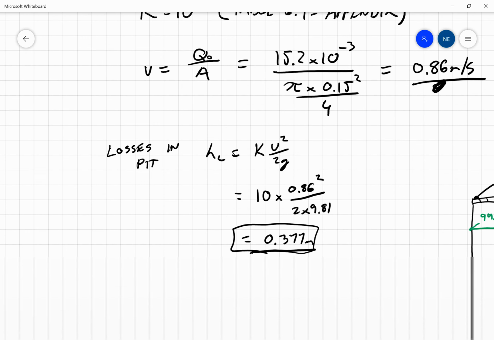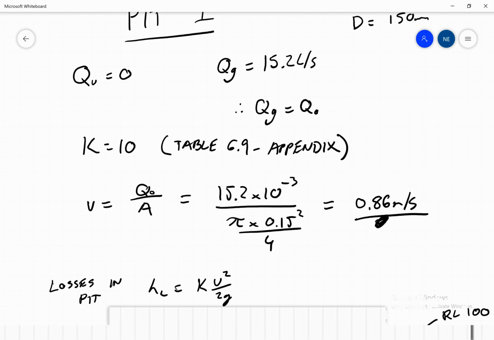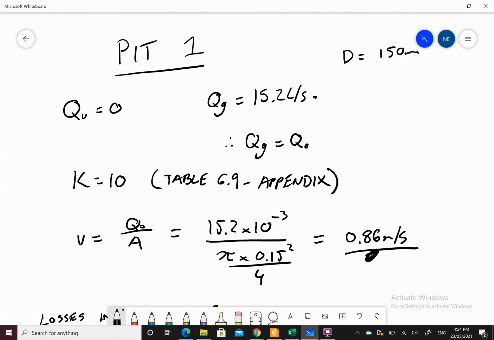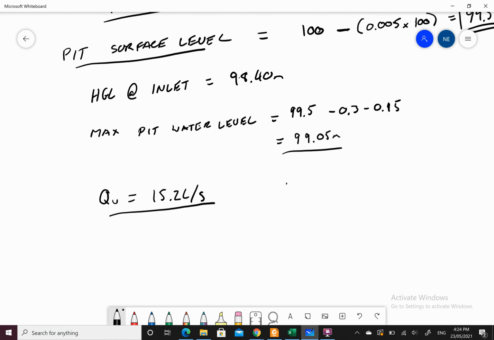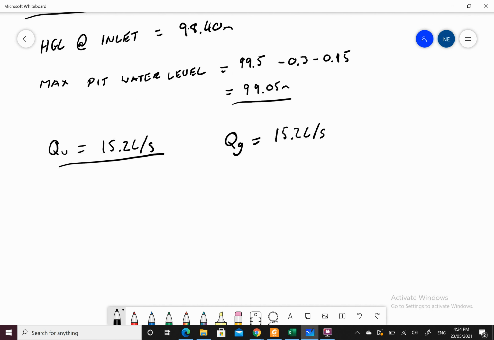If I come back, that's what we have over here. Now my QG is still the inlet capacity, which we calculated through that example, which is still the same, so it's 15.2 liters per second. My Q out is equal to, add those two together, 30.4 liters per second.